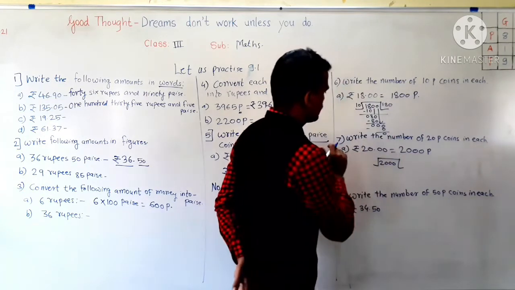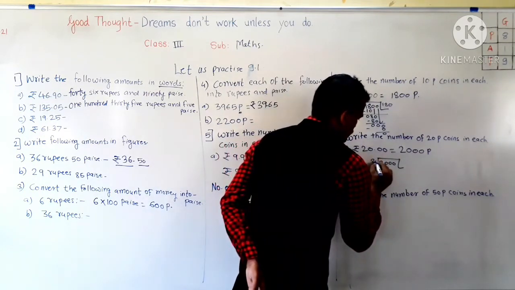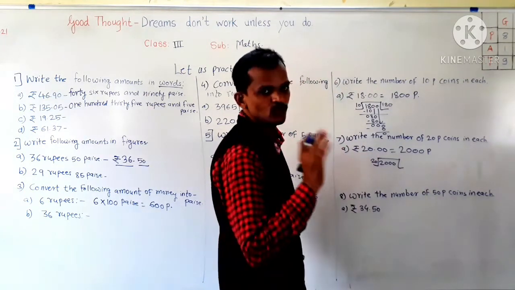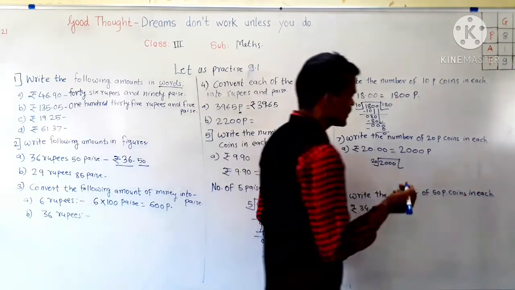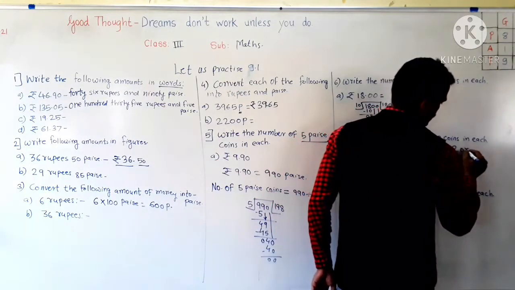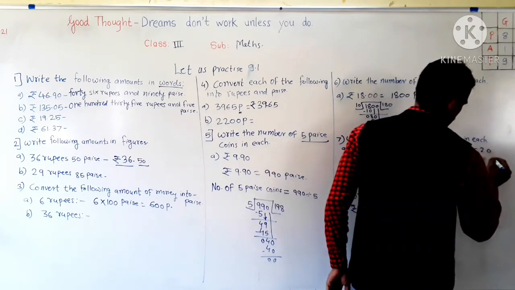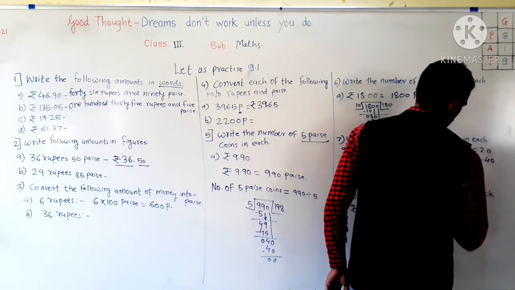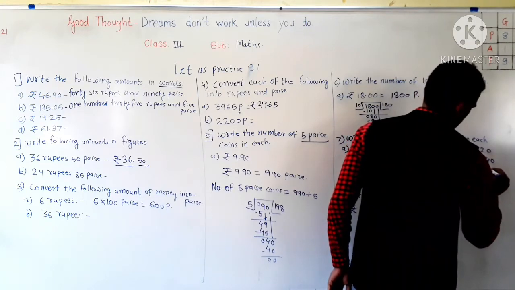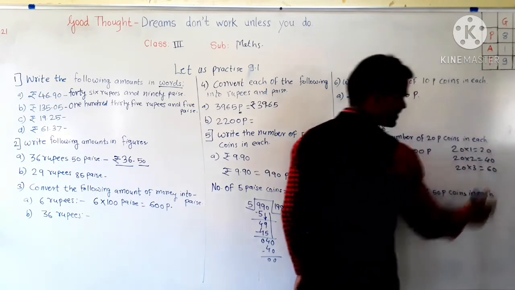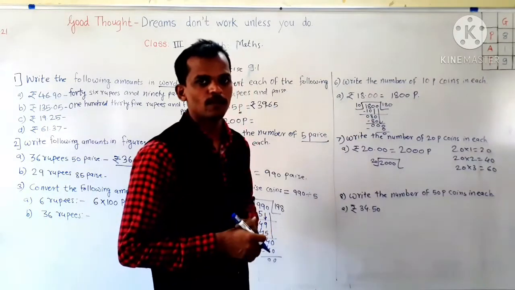Now if you don't know the table of 20, you can make the table. 20 ones are 20, 20 twos are 40, 20 threes are 60. Like this you can prepare the table.